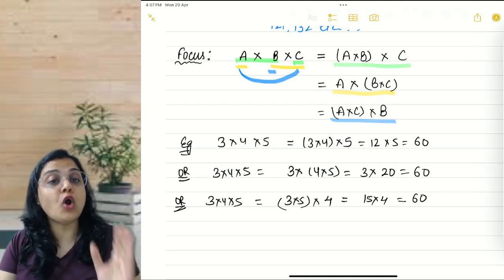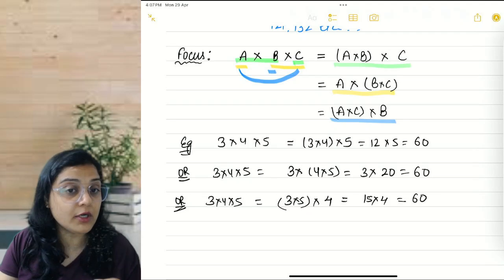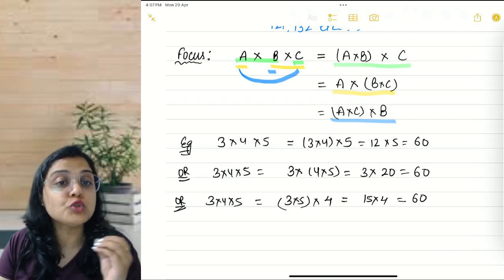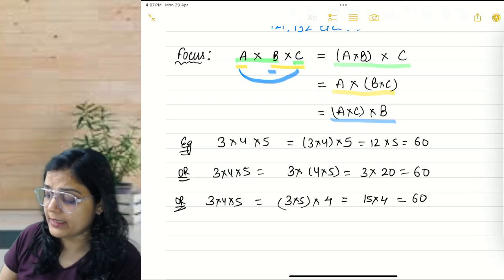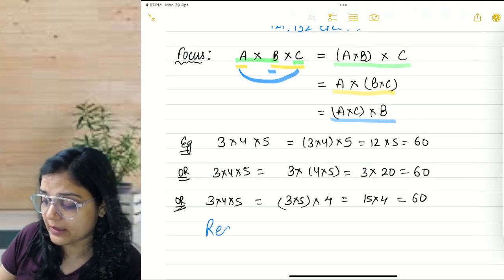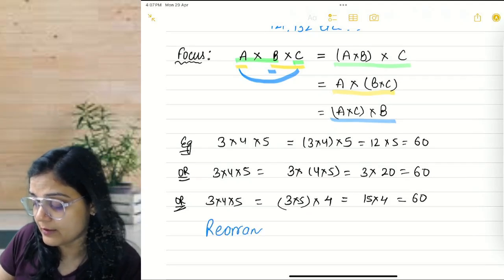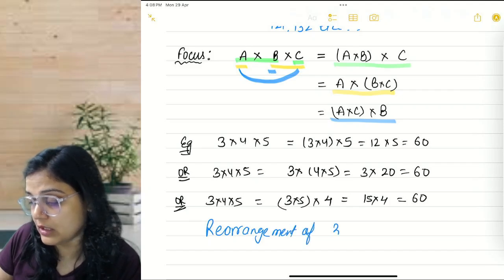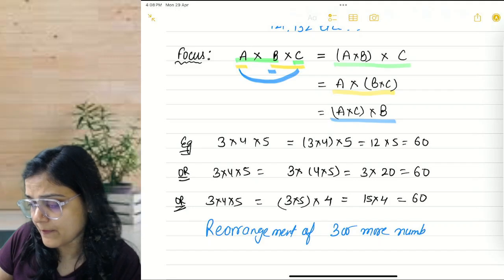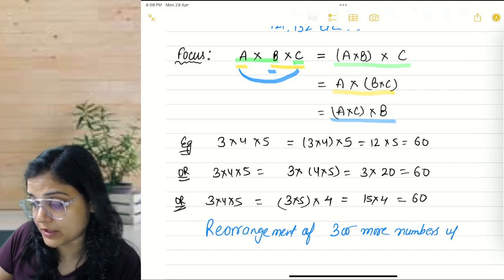In all the orders, in all the combinations, the product is going to be the same. It is not going to hamper your answer. All right. So it is what? It is rearrangement of three or more numbers under which operation? Under multiplication.